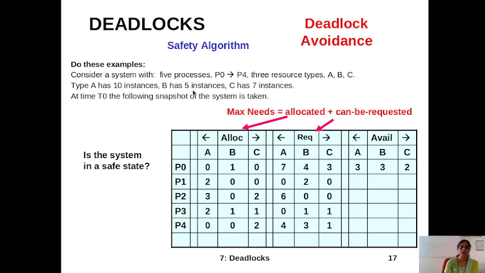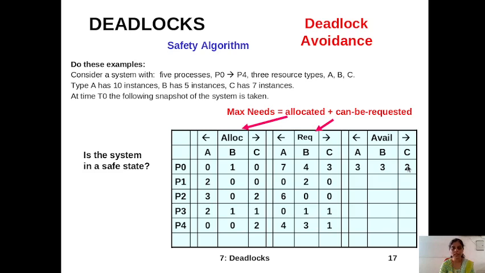Similarly, B has 5 total resources, 5 minus 1, 2, 3 is available. And C has 7 instances, out of which 5 are allocated, so 7 minus 5, the remaining 2 are available to be allocated.